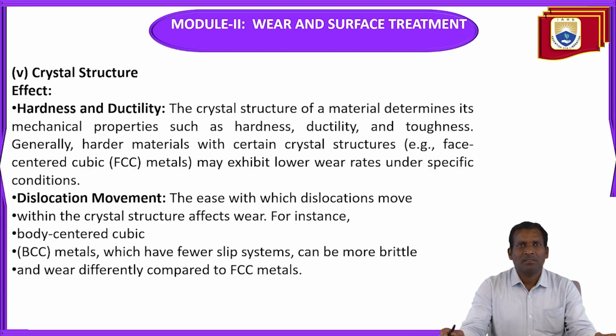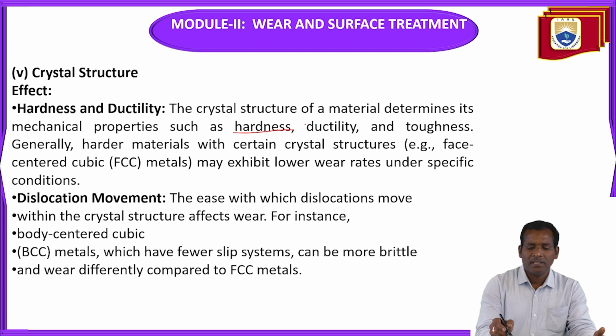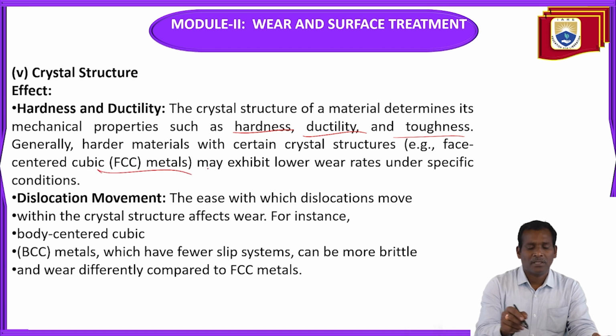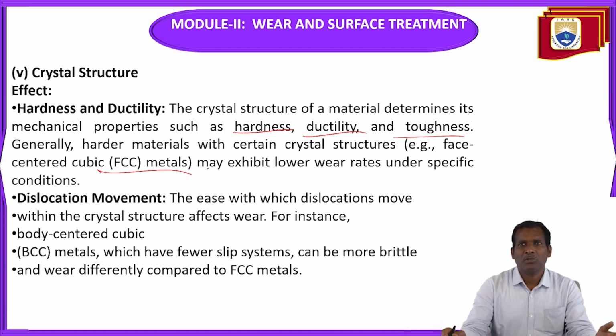Next, crystal structure. Hardness and ductility: the crystal structure of a material determines its mechanical properties such as hardness, ductility, and toughness. Generally, hardened materials with certain crystal structures, for example face-centered cubic metals (FCC), may exhibit lower wear rates under specific conditions.